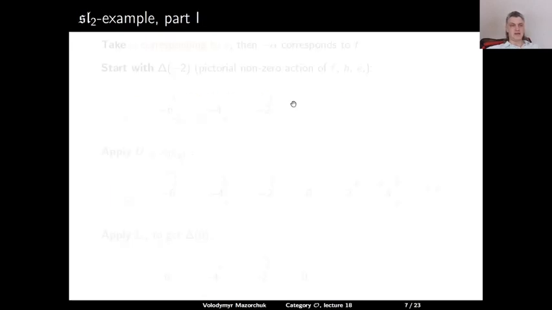Let us do an sl2 example. We consider the algebra sl2, we take the root alpha which corresponds to e, and then the root minus alpha corresponds to f. Please note that Enright's completion E alpha is defined using an interplay between minus alpha and alpha.